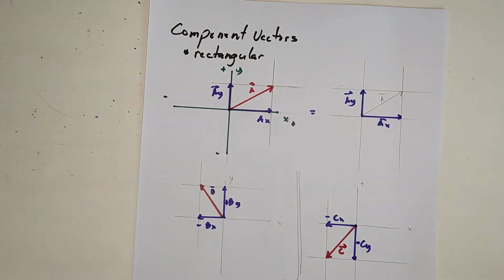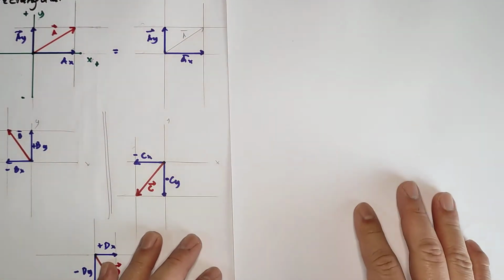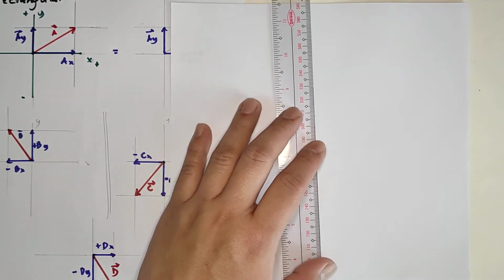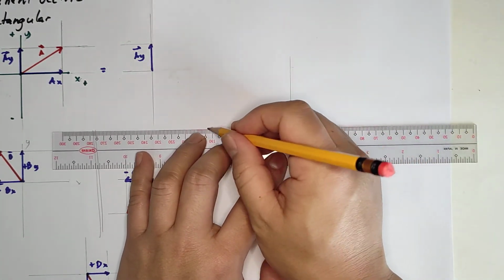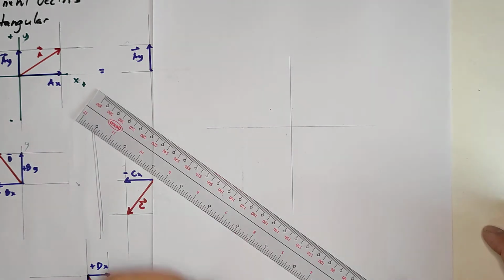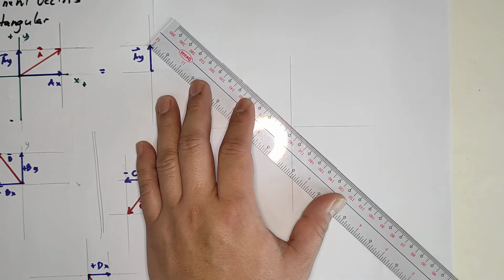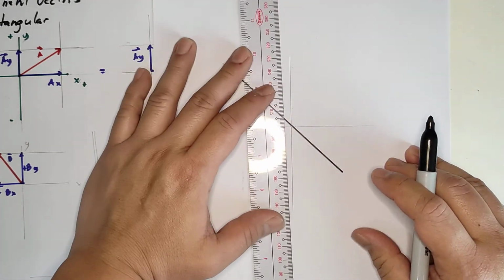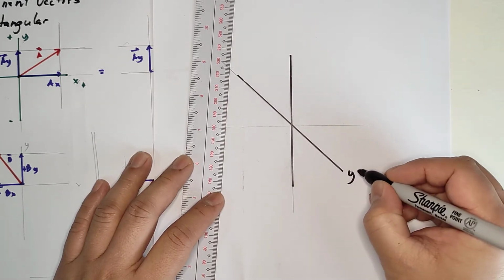Now, there are instances that the coordinate or the x and y are not rectangular, they are oblique, meaning like this one. The rectangular is this. It's rectangular. Now, there are instances that my coordinate is like this. Like that, and like this.